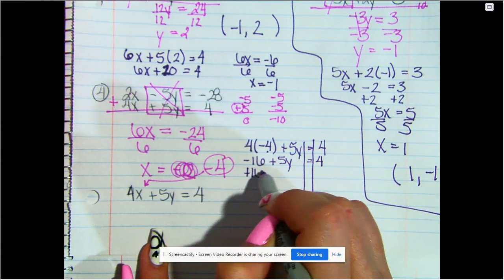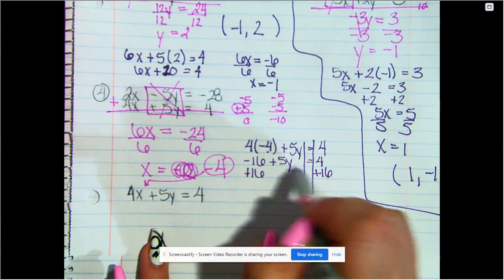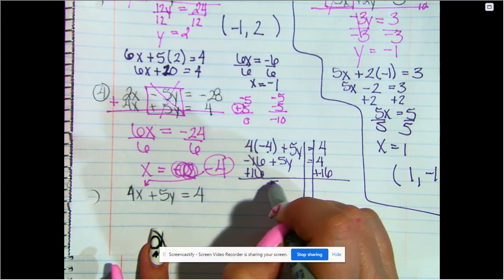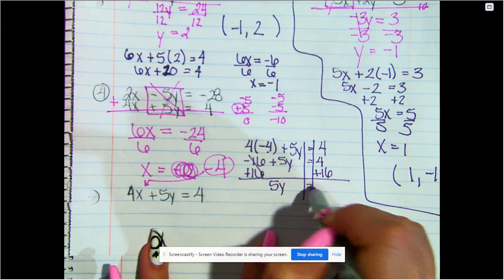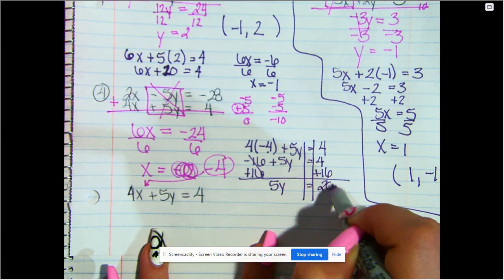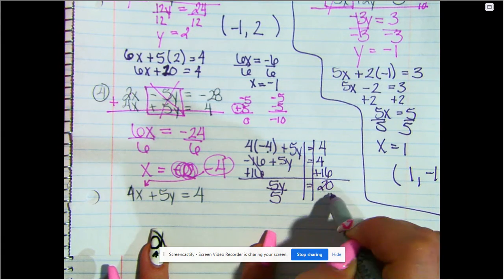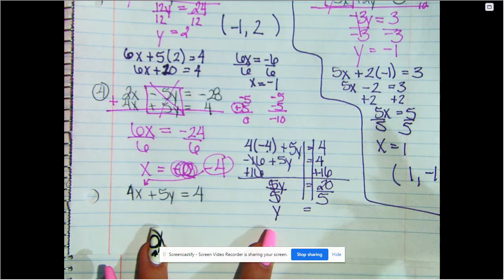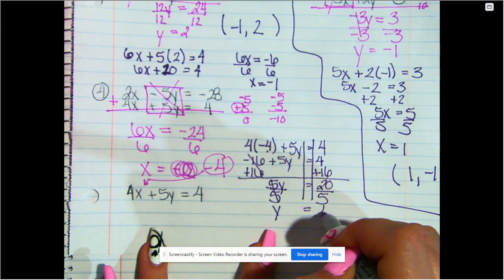Add 16 to both sides because I'm using inverse operations. I'm trying to solve for y. So I have 5y is equal to 4 plus 16 is 20. Inverse operation of multiplying is dividing. That leaves me with y by itself. 20 divided by 5 is 4.